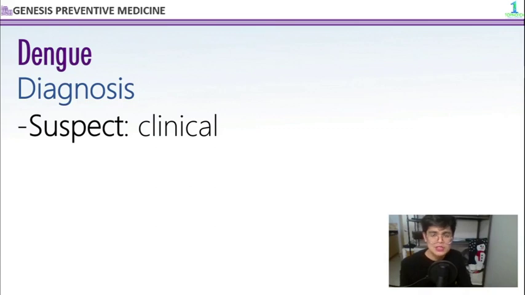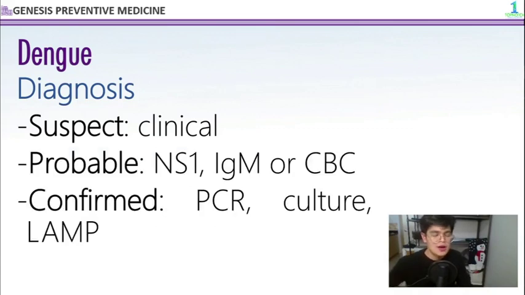Dengue diagnosis. You can also classify patients based on the method of their diagnosis. So, suspect if we've arrived at the diagnosis of dengue via clinical parameters. Probable if they have positive NS1 or IgM or a CBC result that is indicative of dengue.